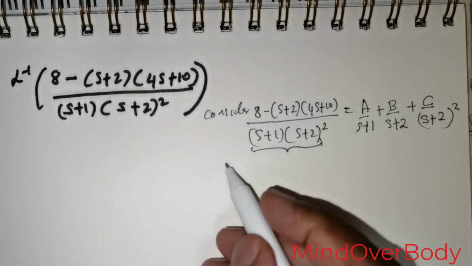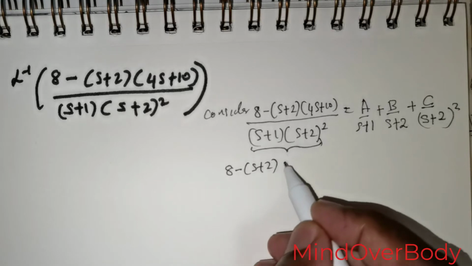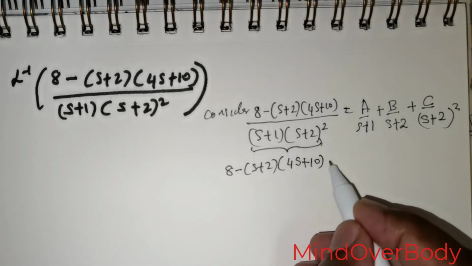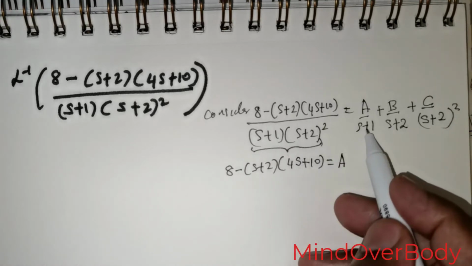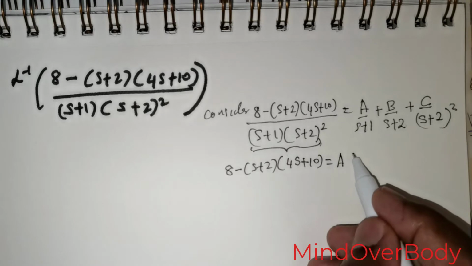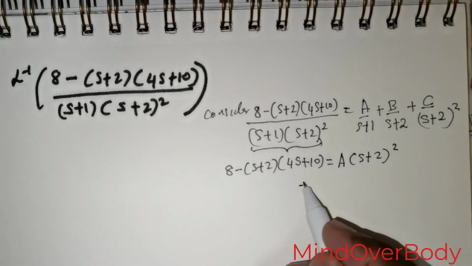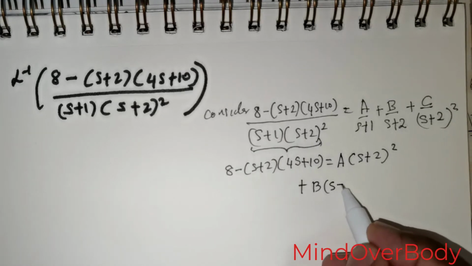Now if I were to cross multiply this, I would get 8 negative of s positive 2 times 4 times s positive 10 is equal to A times of s positive 1 gets cancelled, giving me s positive 2 raised to the power of 2, followed by B times of s positive 2.